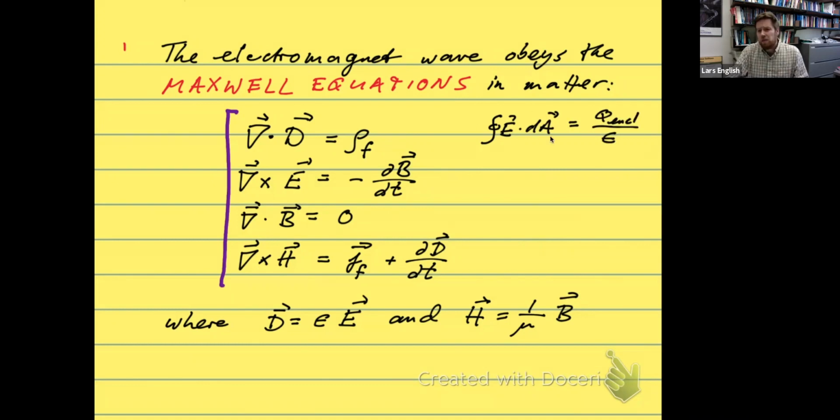The electric flux from the electric field through a closed surface is equal to the charge enclosed over epsilon. And I guess we had epsilon naught here because we're not inside of a material, or not inside of matter. So this here is very similar to this equation here.